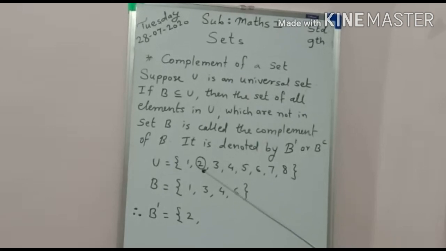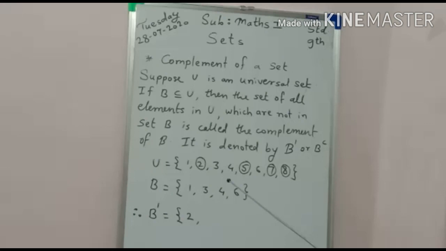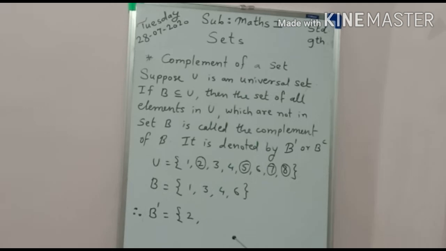So 2 is an element which is in U but not in B, and therefore we write it in the complement of B. Then we find the other elements which are in U but not in B. Here those elements are the numbers 5, 7 and 8, which are in U but not in B. So we write those 5, 7 and 8 in the complement of set B. Understood, students?